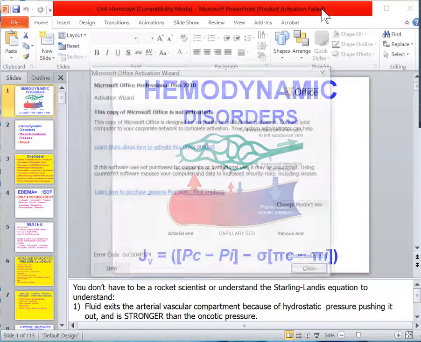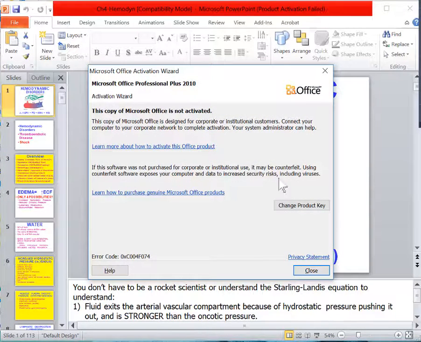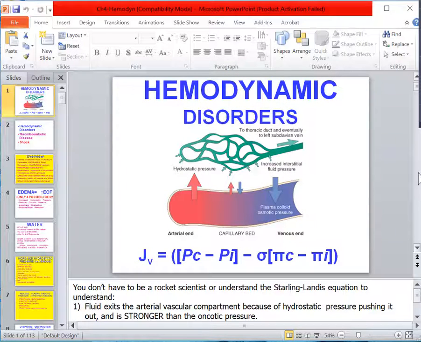It's always a very, very important topic in pathology, and it's also the first real clinical thing. Hemodynamic disorders. I'm going to start out by throwing that complicated equation at you called the Starling-Landis equation, which basically shows why fluid goes in and out of the extracellular space. But we'll get into that later.